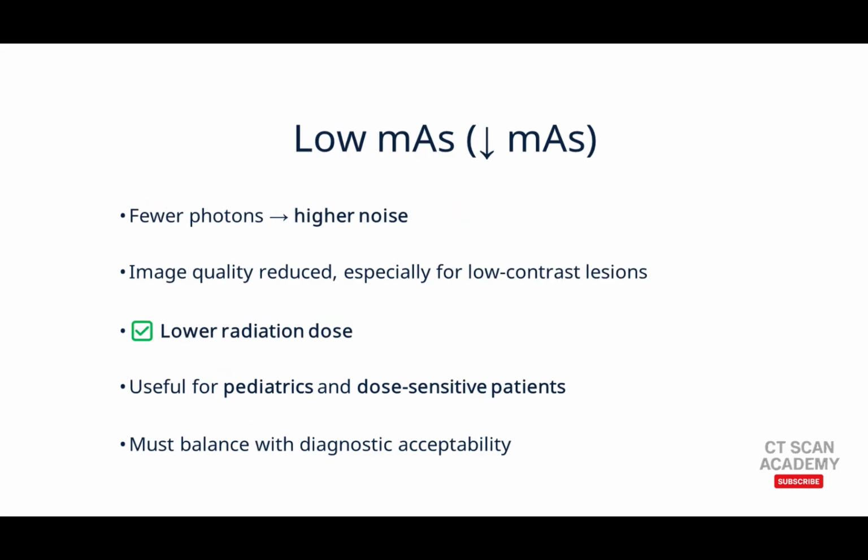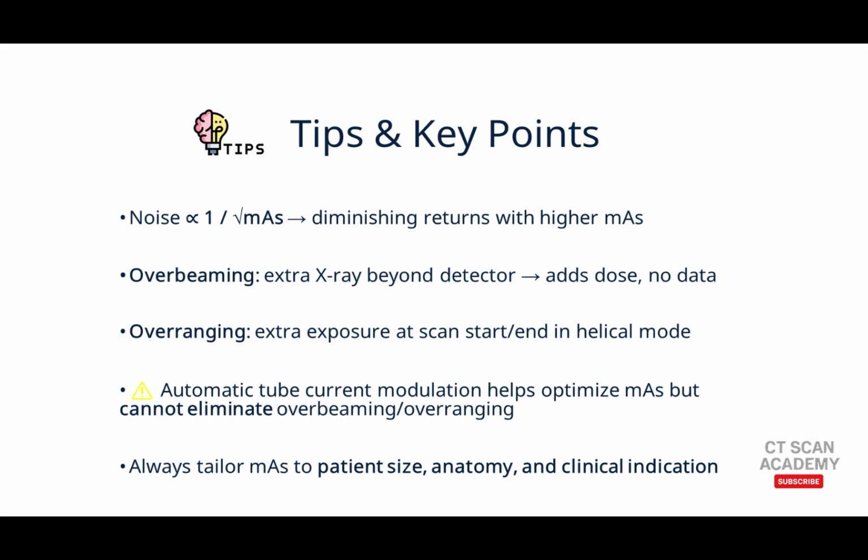Low mAs increases noise and may reduce diagnostic performance for low-contrast lesions, but reduces dose and is useful in pediatrics and dose-sensitive patients. Practical mAs tips: tailor mAs to patient size, anatomy, and clinical indication.